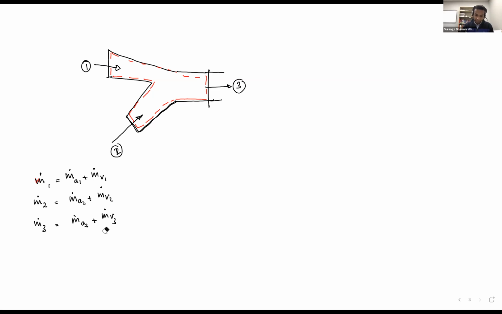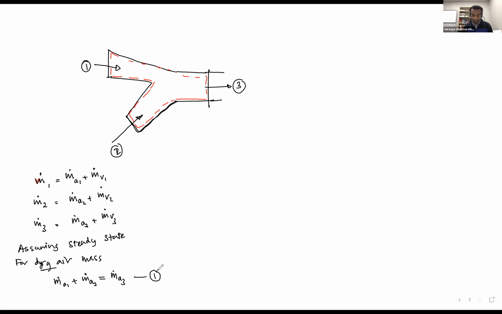So assuming steady state, for the dry air mass flow rate, I can write m dot a1 plus m dot a2 equals m dot a3. This is my first equation.